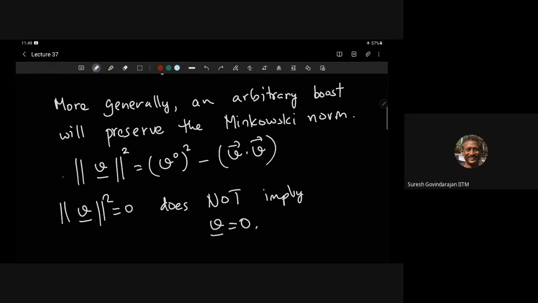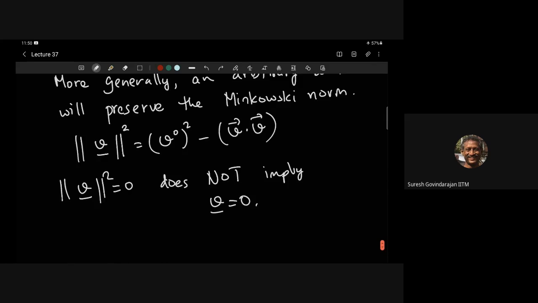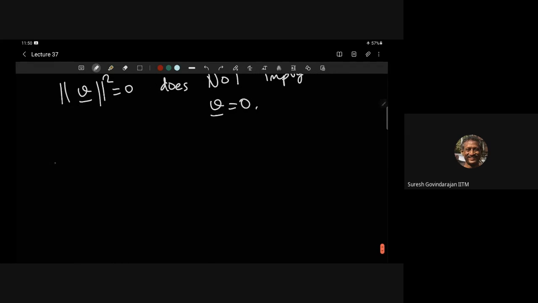You can see, if this is equal to 0, all you need is V0 square to be equal to the norm of this 3 vector. That's all you need, and that's possible. Is that clear? So the Minkowski norm is weird. It's not like our usual norm, but this is a natural norm of a 4 vector.